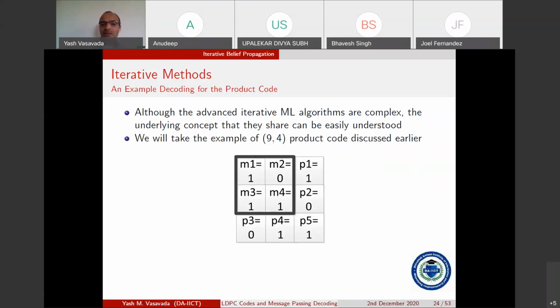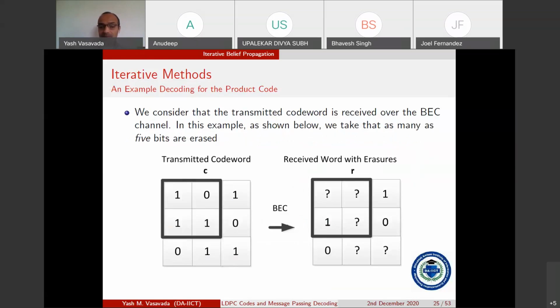We'll now transmit this codeword over a binary erasure channel, and we'll make this erasure channel pretty severe. It will erase 5 different bits. Out of 9, 5 bits will get erased. You might think that is too much, but what we'll see is the magic of this iterative algorithm. These 5 bits have been erased, and the receiver can see only these 4 bits.